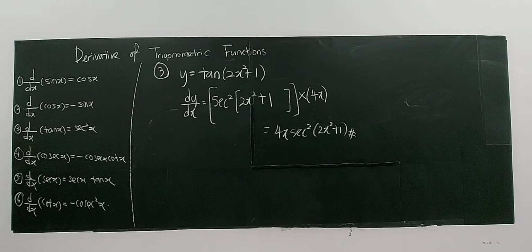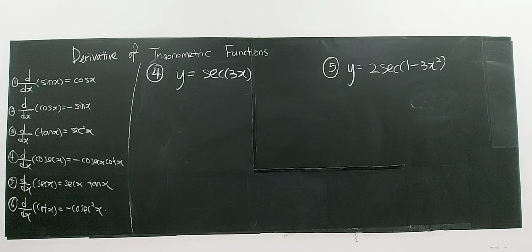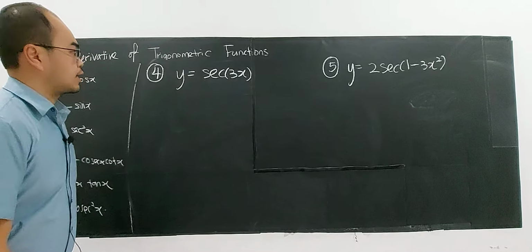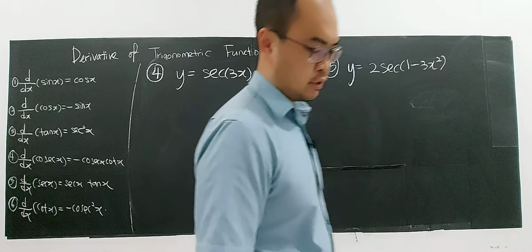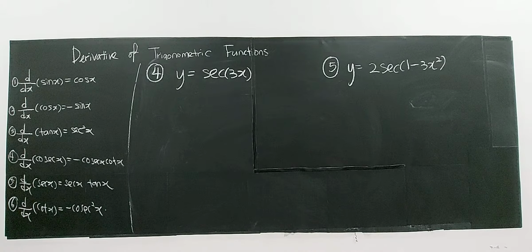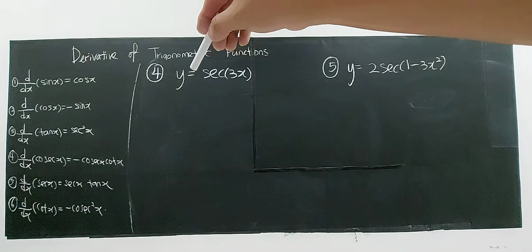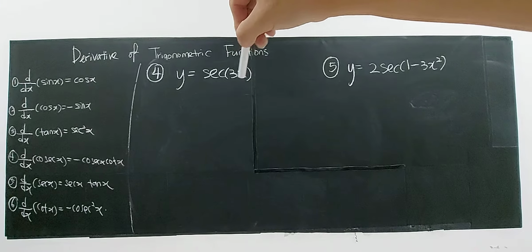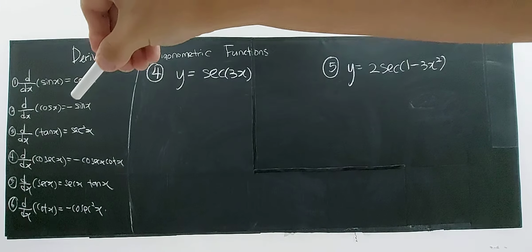Alright, let's move on to the next example. Let's continue with these two examples. We have y equals secant 3x. Differentiating y with respect to x, y is a secant function of 3x, so you refer to this formula.